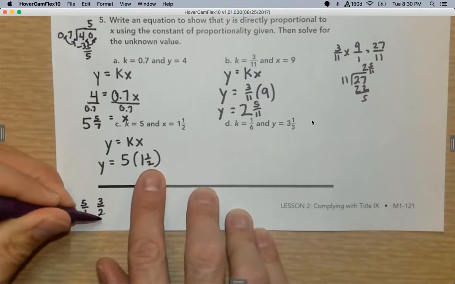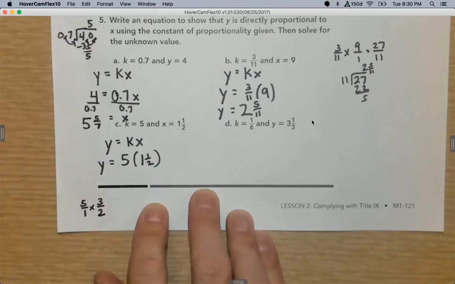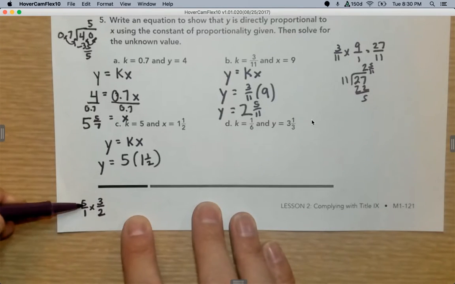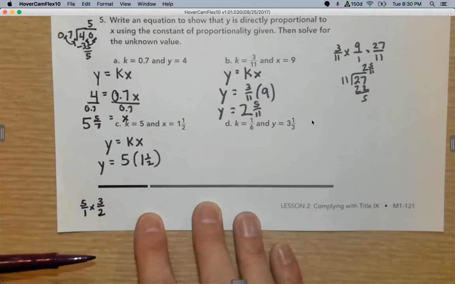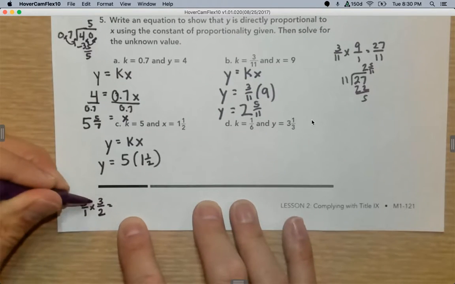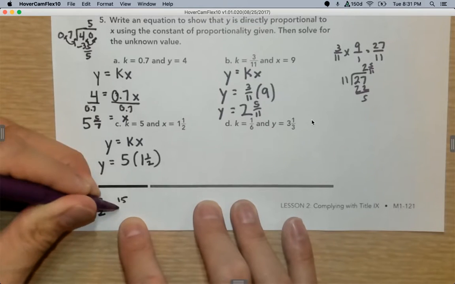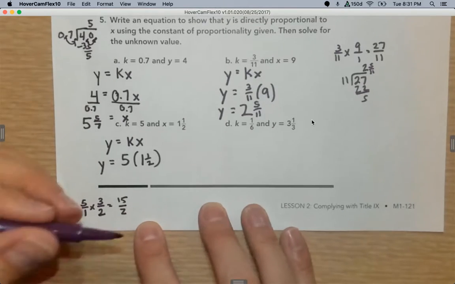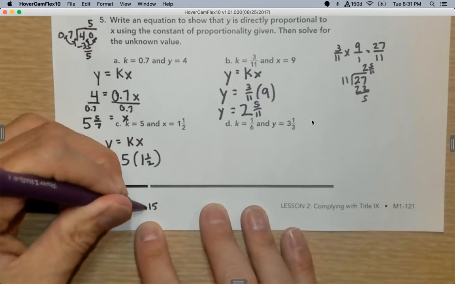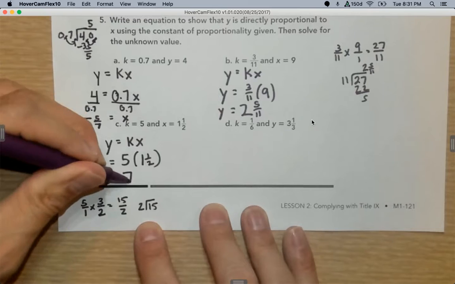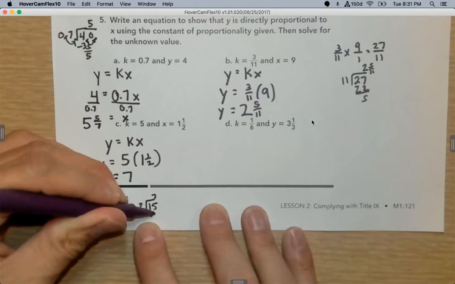Now I can multiply. I look to reduce first. There's no common factors between a numerator and a denominator except for 1. So I multiply. 5 times 3 is 15. 1 times 2 is 2. 15 over 2, a fraction is a division. 15 divided by 2, y is going to be equal to 7 and 1/2.